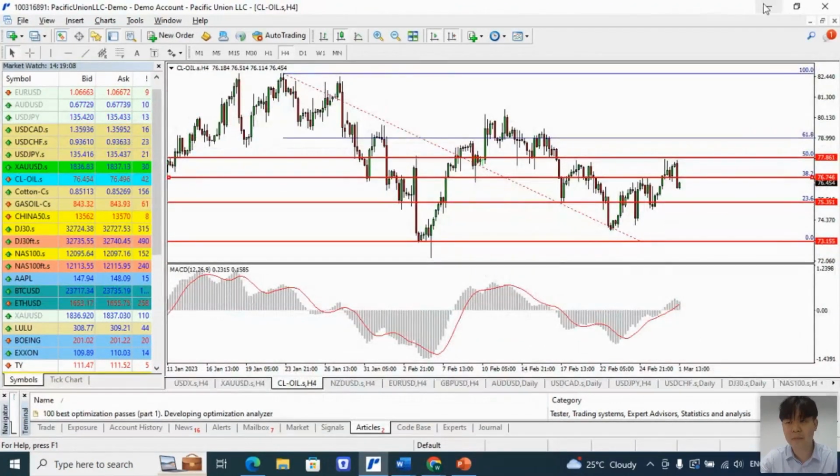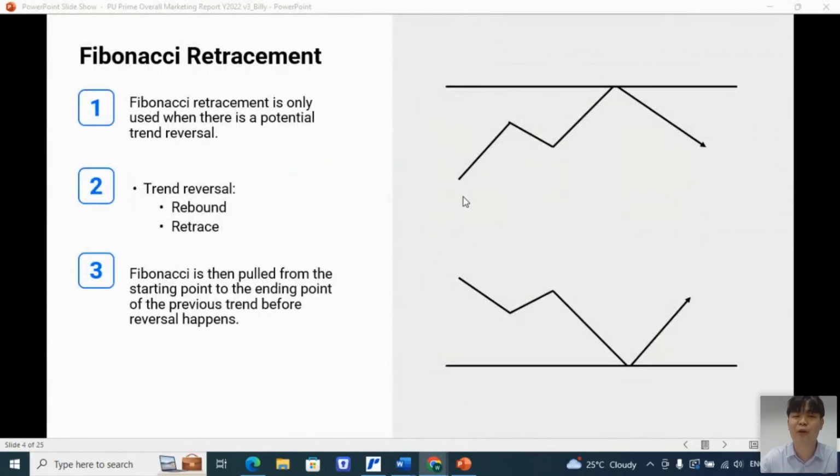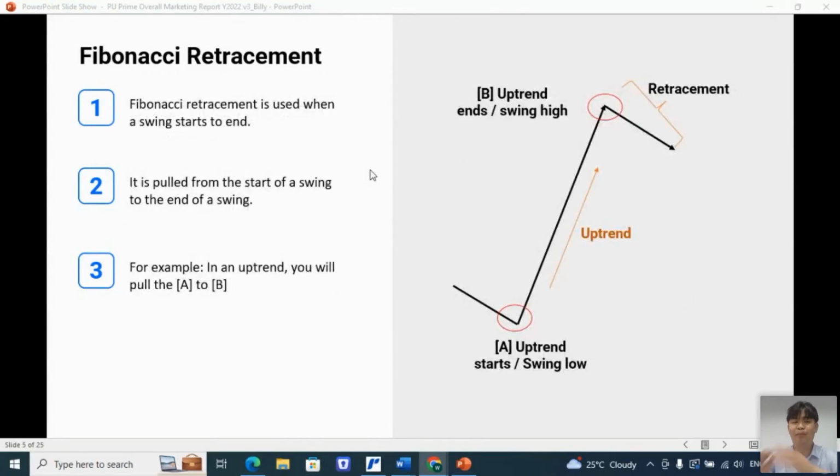Before we start, let me give you a brief understanding of how we draw the Fibonacci retracement. Very important, you need to look at the charts. If you are going to draw the Fibonacci retracement, you need to draw from the lower point and scroll up to the higher point, but you need to make sure there is about 25 to 30% of retracement over here.